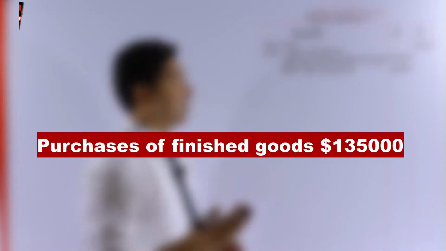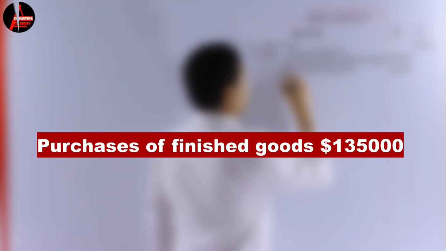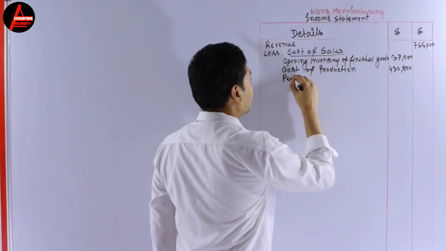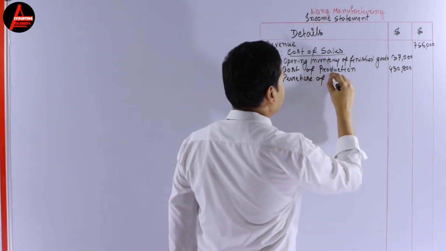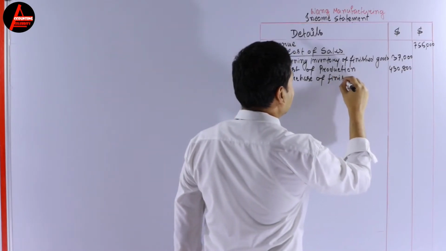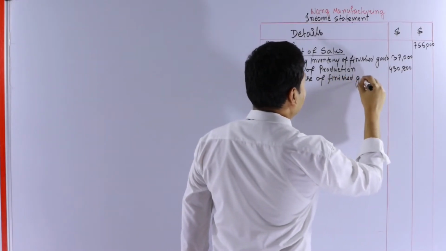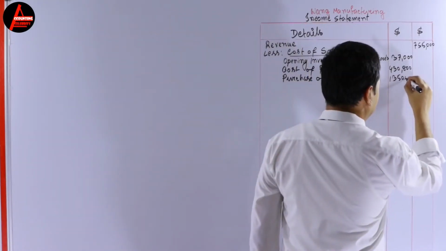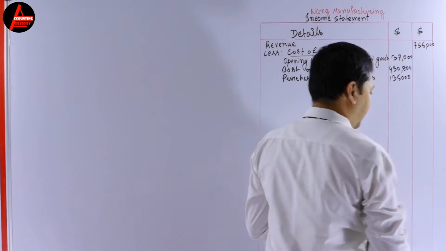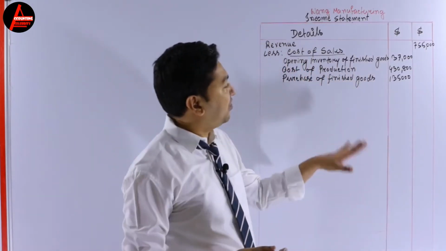Then what to write? Look at the question, it is purchase of finished goods, yeah? Purchase of finished goods, $135,000, okay? Then what to do?